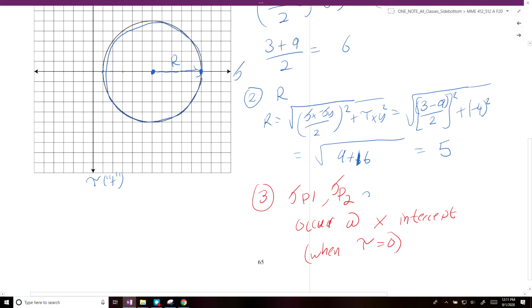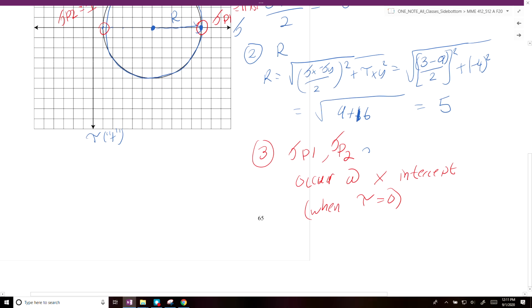So our maximum principal stress is going to be sigma p1, which occurs at 11 kpsi, and our minimum principal stress is sigma p2, which is equal to 1 kpsi. We just follow the locations of the intercepts.